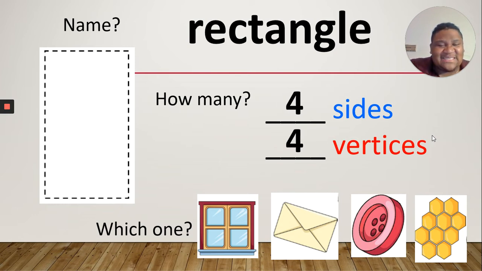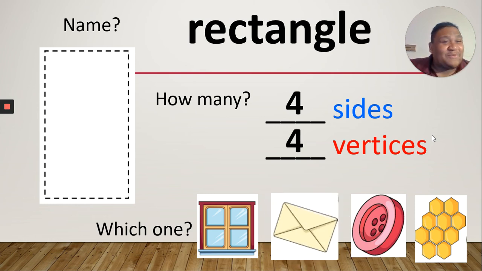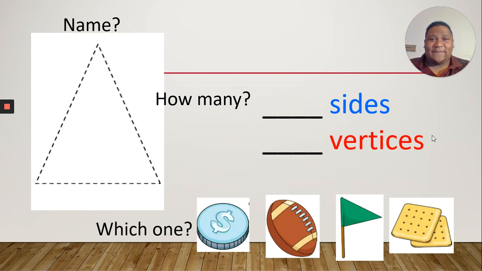Now, which one of these pictures is our rectangle? It's shaped like a rectangle. If you said the envelope, you are correct. All right, let's move on to another one. What is the name of this shape?